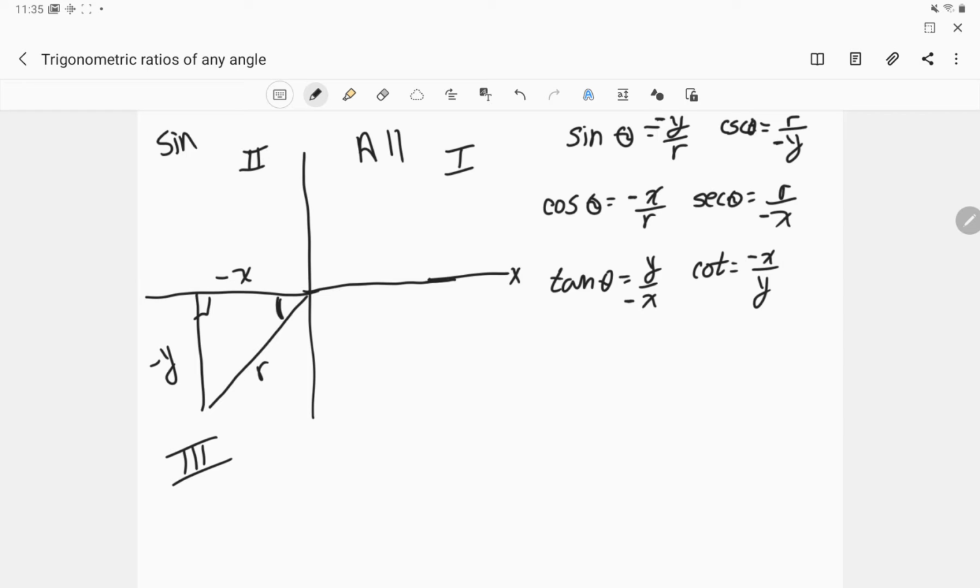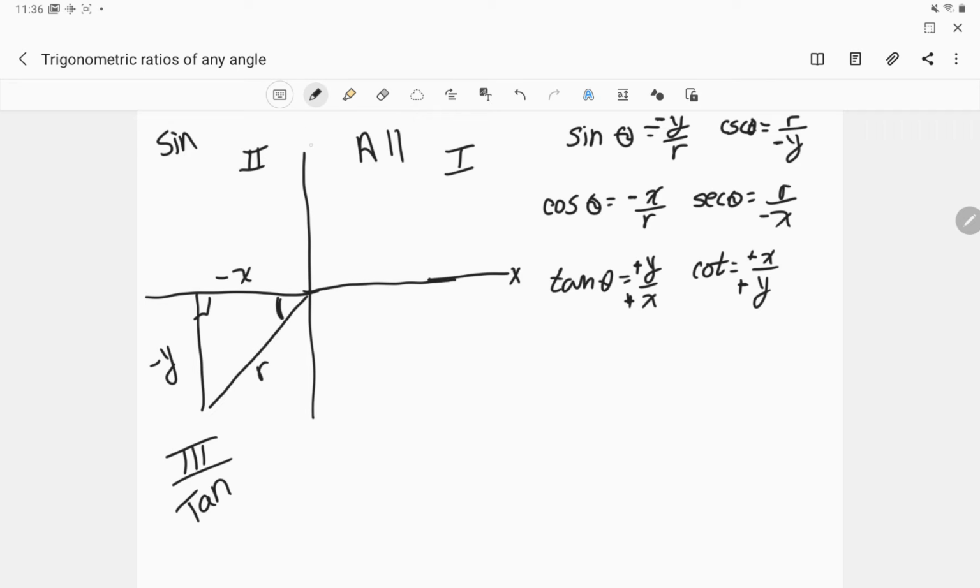But when I get to tangent, tangent is opposite over adjacent, so it's negative y over negative x. But if you have a negative over a negative, that makes a plus, right? So the same thing here. I would have a negative over a negative, which makes a plus. In this quadrant, in the third quadrant, tan and its reciprocal are positive.